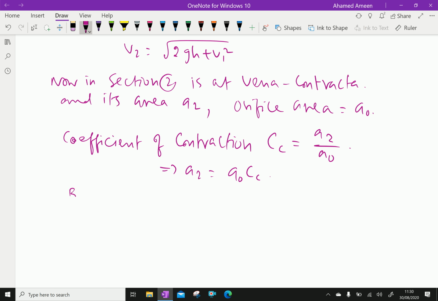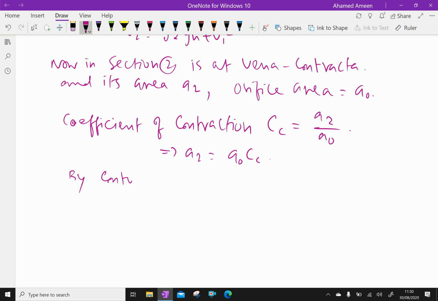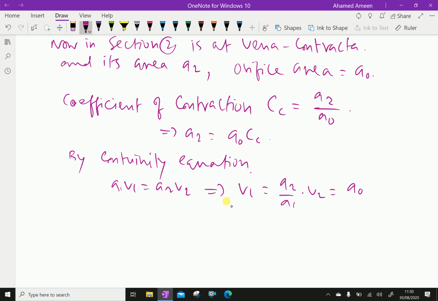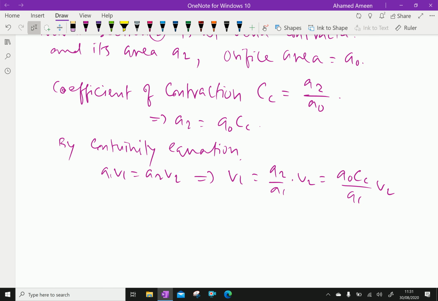By the continuity equation, A1 V1 equals A2 V2, or V1 is A2 by A1 into V2, which equals A0 CC by A1 into V2, because A2 is A0 CC. V1 is expressed like this.